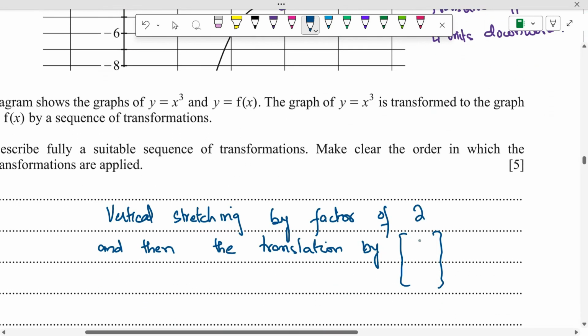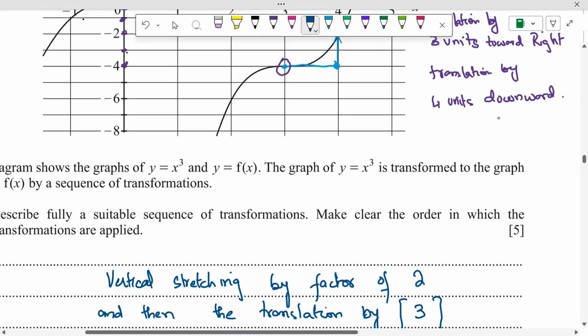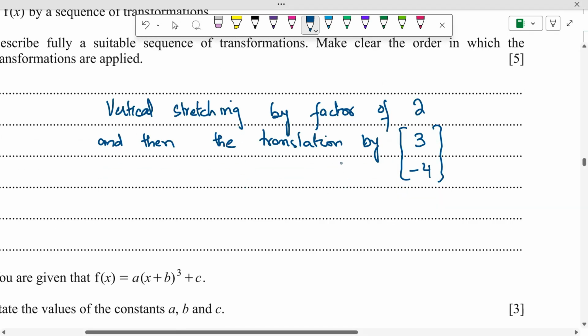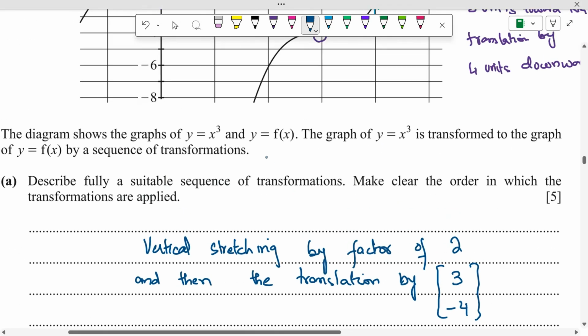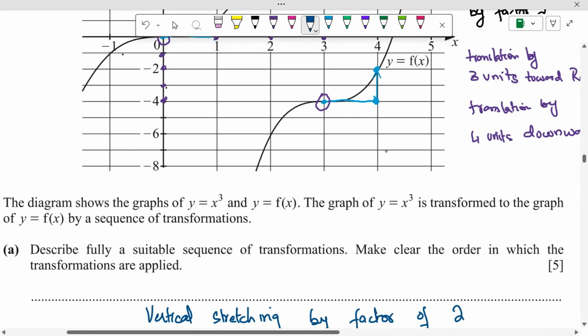So we can say 3, and there is a translation by 4 units downward. When the graph moves downward, it will be written as -4. So this is the description of the transformation from y is equal to x cube to y is equal to f of x.